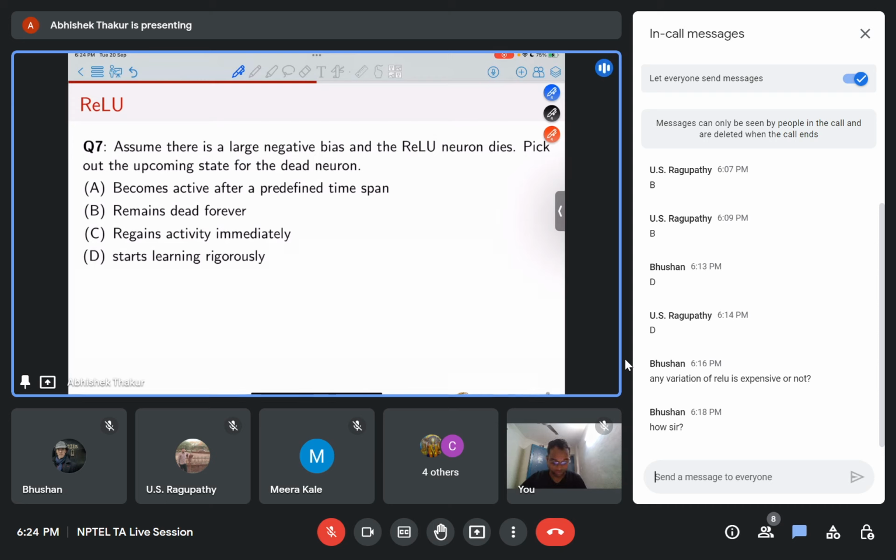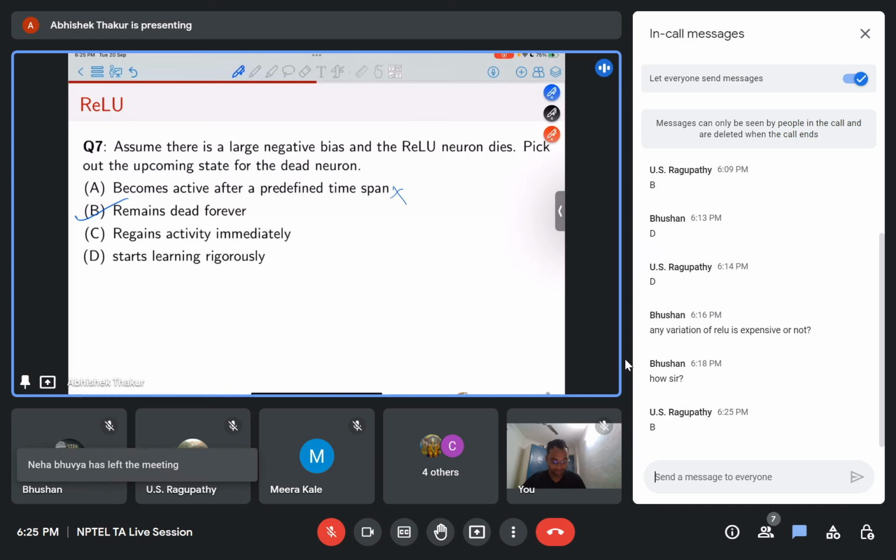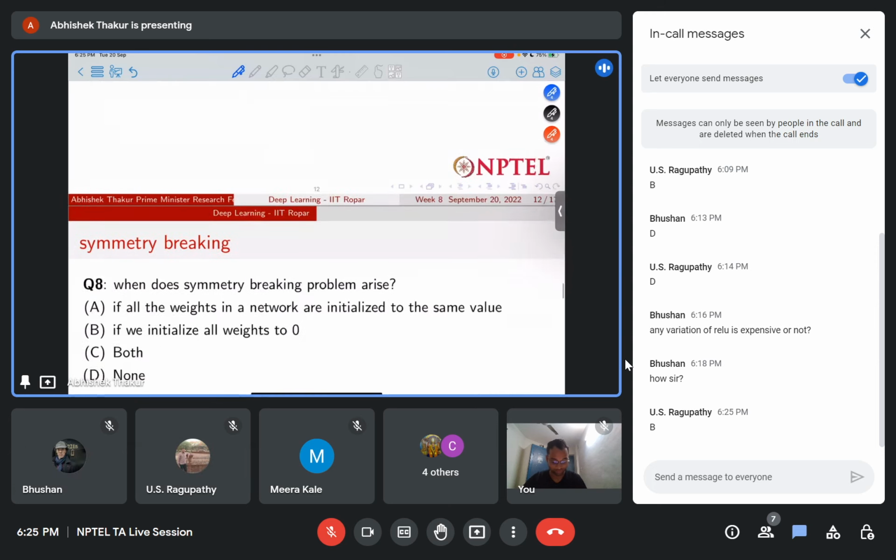Once the neuron has died, it remains dead forever, because once you get the derivative 0, when you multiply and derive again, it will be 0 only. So it will not be active again. Option B is correct. Option A, becomes active, is wrong. Regains active immediately is also wrong. Starts learning reversely is wrong, since it stops learning after dying. So option B is the correct option.